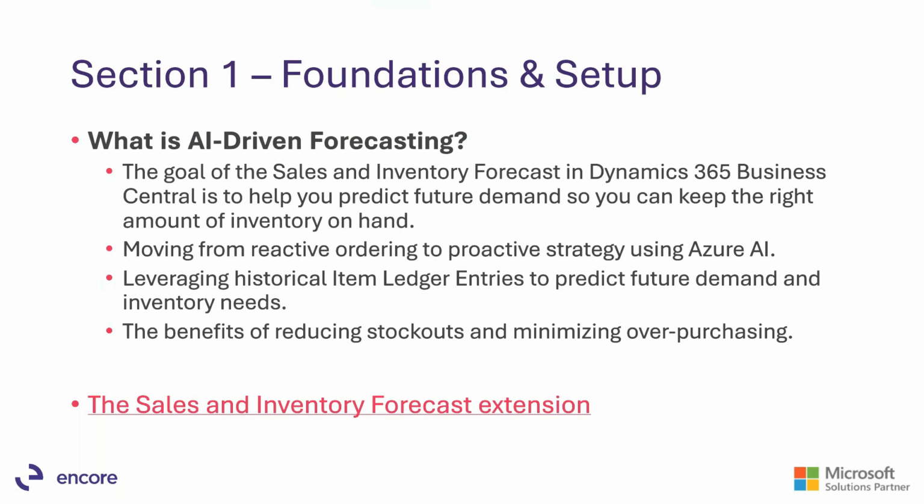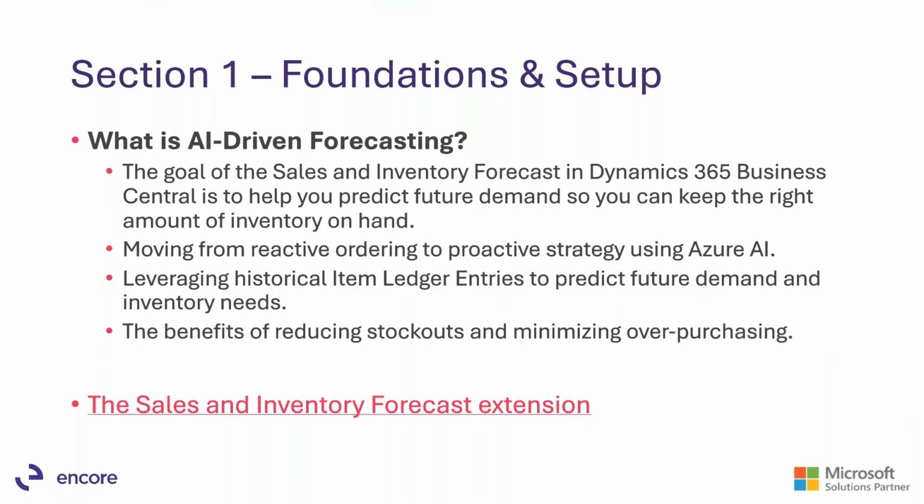Traditionally, businesses order inventory reactively. Sometimes we wait until stock is low or something happened or someone noticed a problem, then we rush the order. And this feature enables a more proactive approach for us.